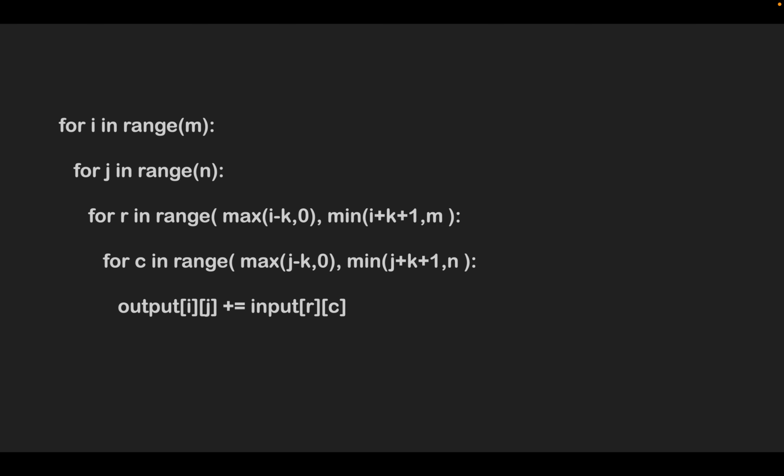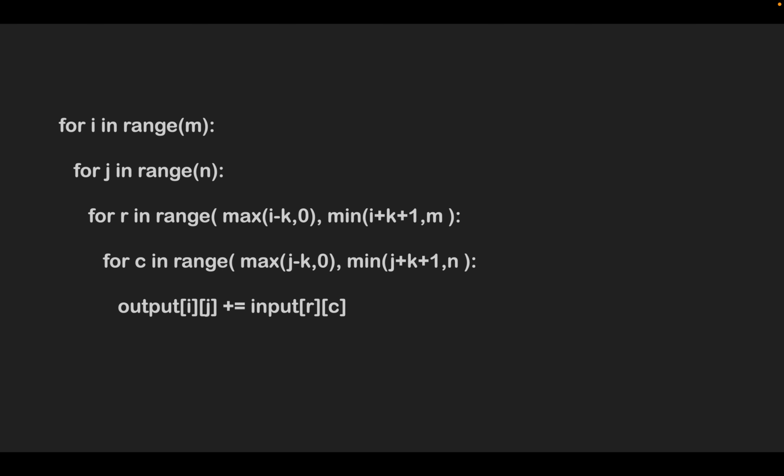So it's like a square, right? That is 2k plus 1 by 2k plus 1 in dimensionality. And because our filter weight is 1, we're just adding up every element in the input block. Done. We found the solution.